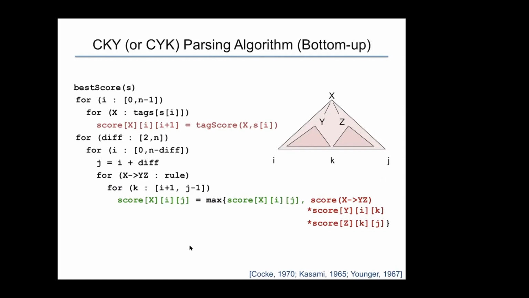It's named after three people who created these algorithms. You see why it's CKY, right? C, K, and Y. Of course, these people created the algorithm in different years, but they are all recognized by the CKY name.